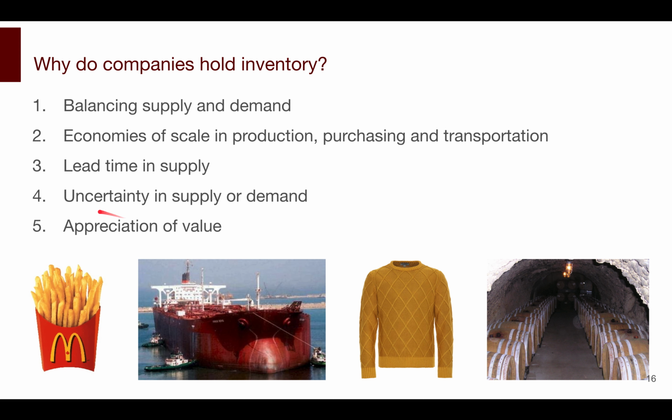So the next reason, number 4, is uncertainty in supply or demand. If you think about a sweater such as this, most clothes are actually made in Bangladesh, and this can be made 6 months before it is sold in Asia or in Europe or in the Americas.